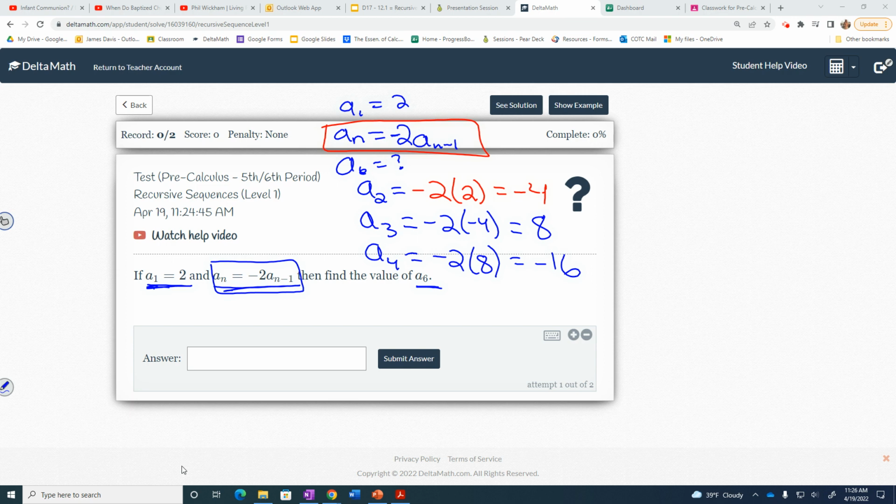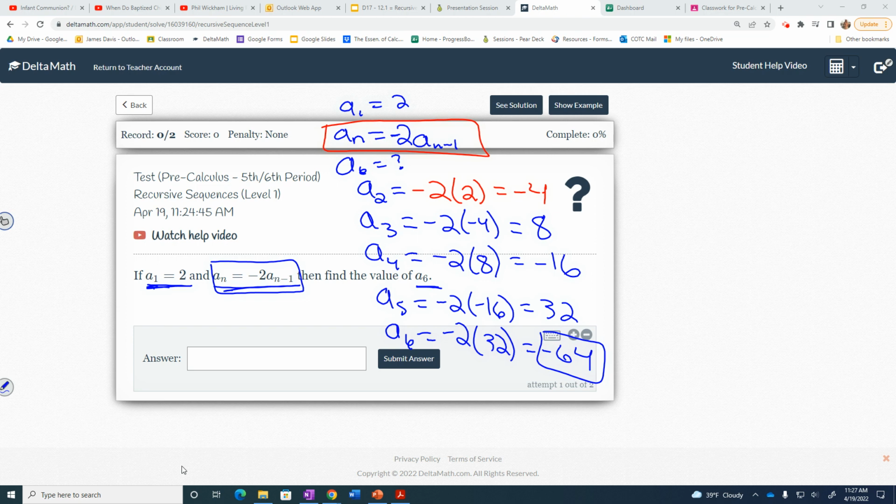Then we do a sub 5. Negative 2 times our previous term of negative 16 is positive 32. A sub 6, which is what we're asked to find, is negative 2 times a sub 5, which is 32. So it's negative 64.